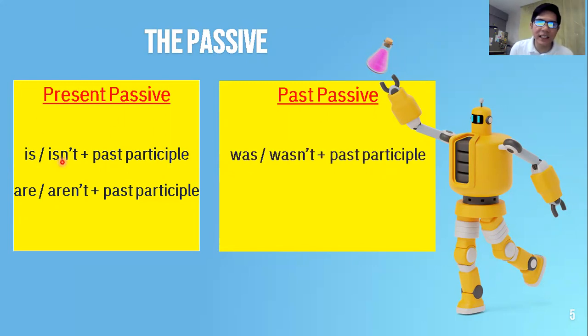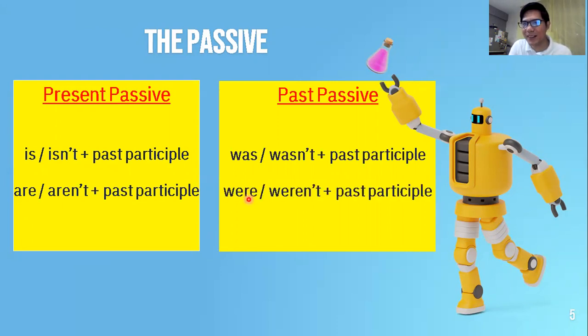And instead of isn't, we use wasn't. We just change to simple past. Got it? All right. Past passive, we use were and weren't, plus past participle form of the verb. So don't be confused. And you have to take note of this.